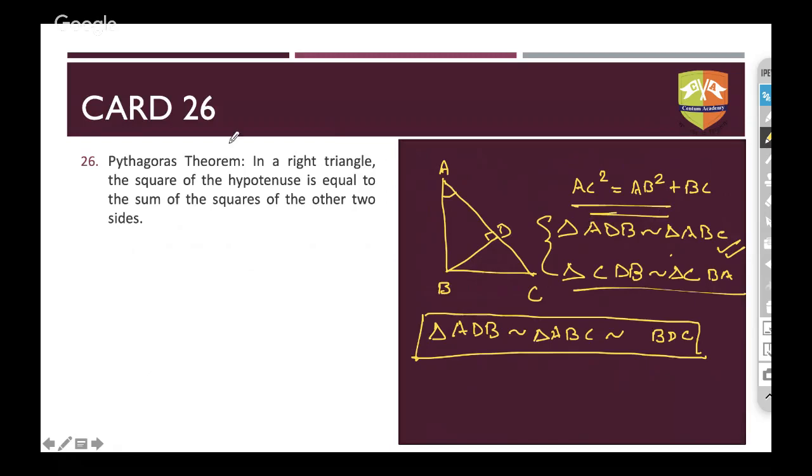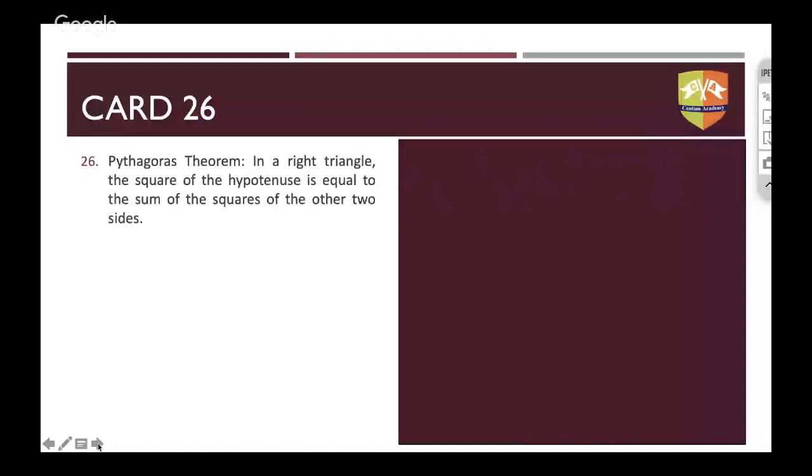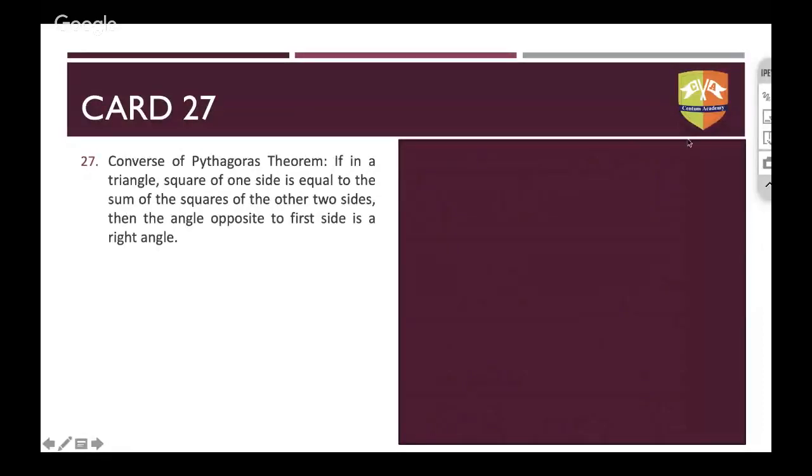Okay, next. So this is also done. So Pythagoras theorem, I'm again leaving it to you to do. The next slide: converse of Pythagoras. So converse of Pythagoras theorem is again by contradiction. So what is converse of Pythagoras theorem?